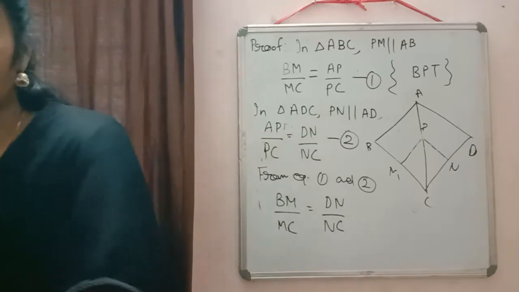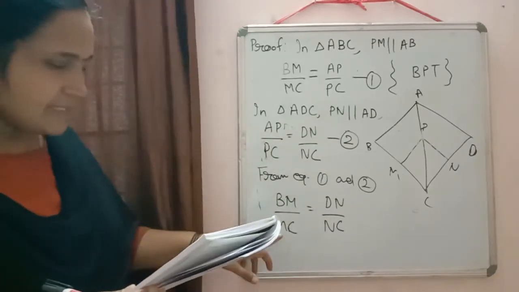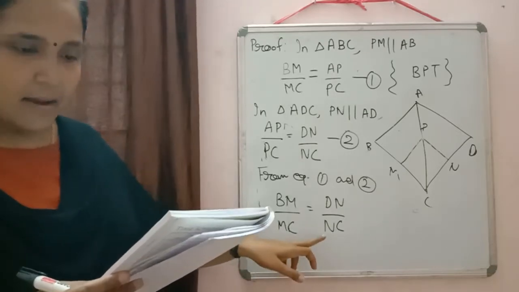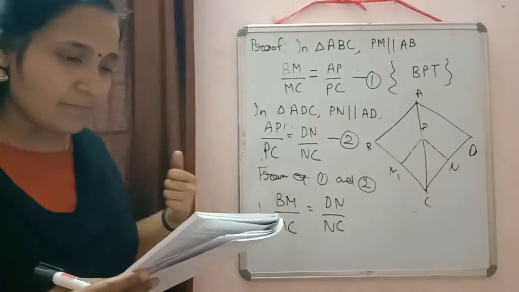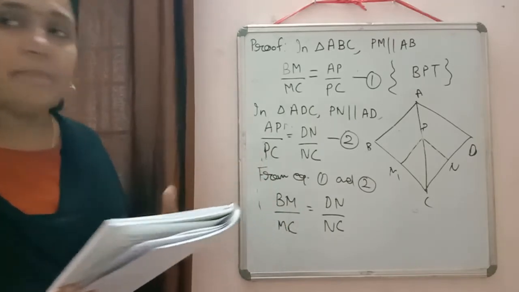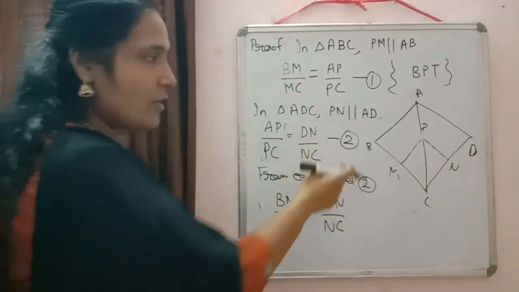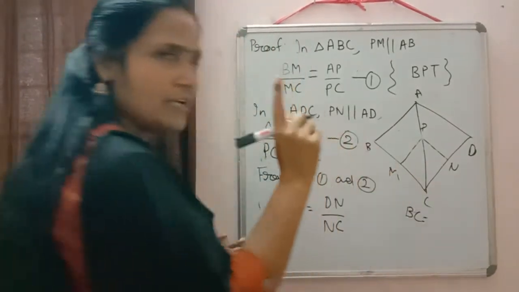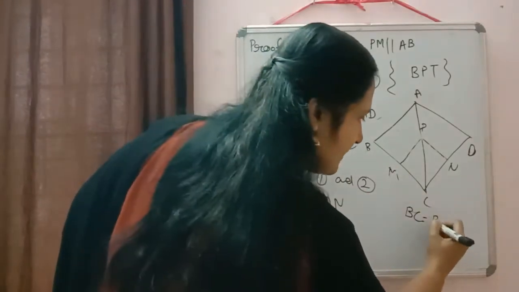Now just to check whether we need this only in the proof. In the proof MC we want, CN also we want, that we got here. But in the numerator we don't want BM. In place of BM what we want there? BC. If you check, BC is a combination of two line segments, that is BM plus MC.